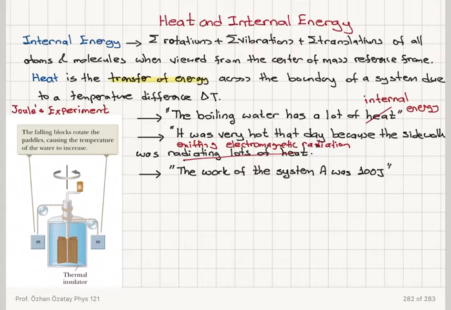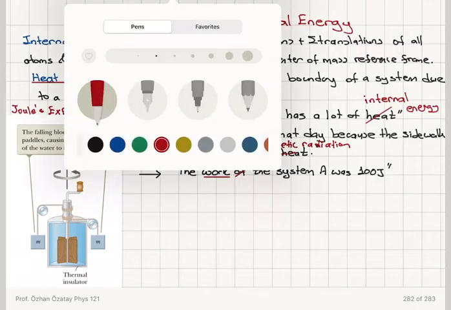Another incorrect statement has to do with work. The work of the system A was 100 joules. Now, heat and work are two similar concepts in the sense that they both describe the transfer of an energy into and out of a system. So we cannot say the work of the system was 100 joules.